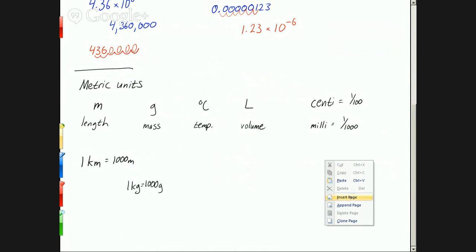So let's practice this a little bit and talk about how we can convert from one to another. So let's say a patient needs 0.024 grams of a sulfa drug.